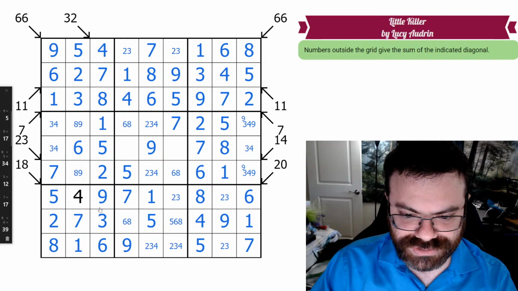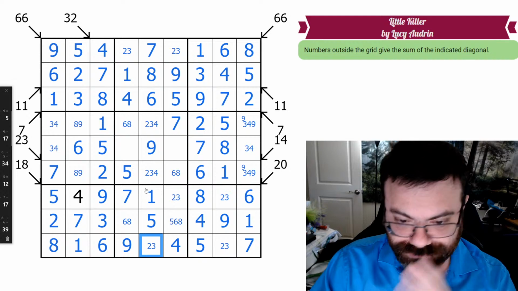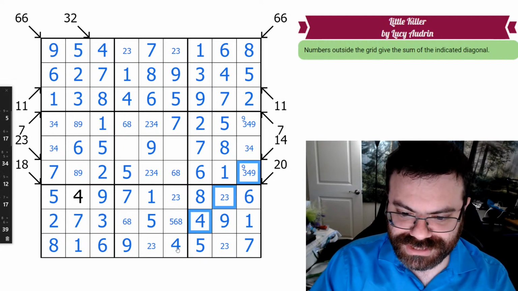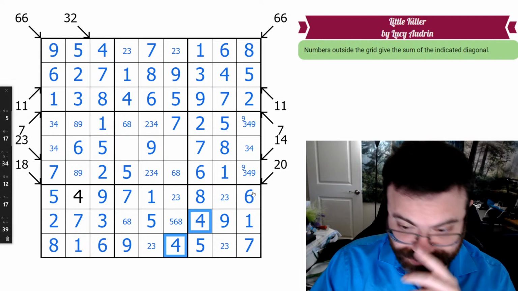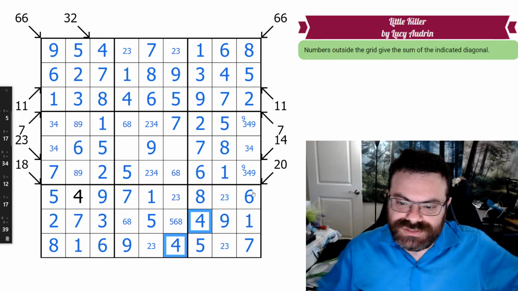I'm just going to do as much Sudoku as I can before I look at that diagonal. 2, 3 pair puts a 4 here. Okay, well this diagonal is almost done. So these add to 8. So we need another 6, it looks like.